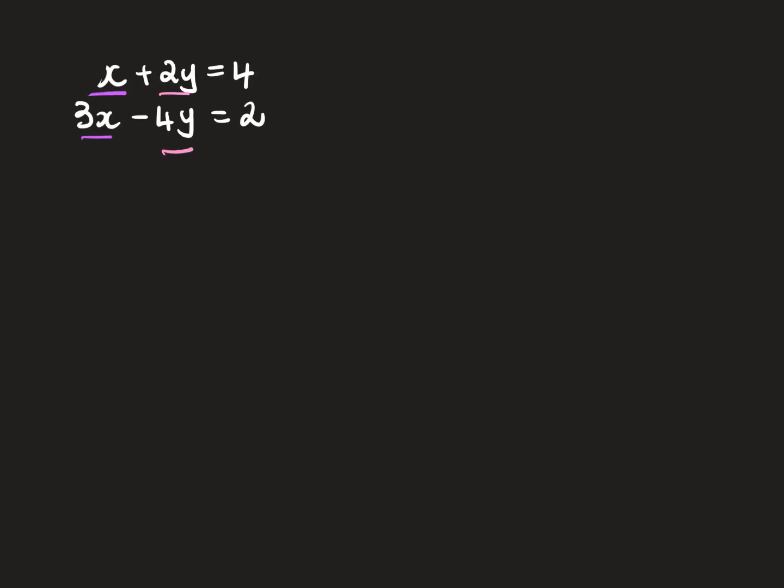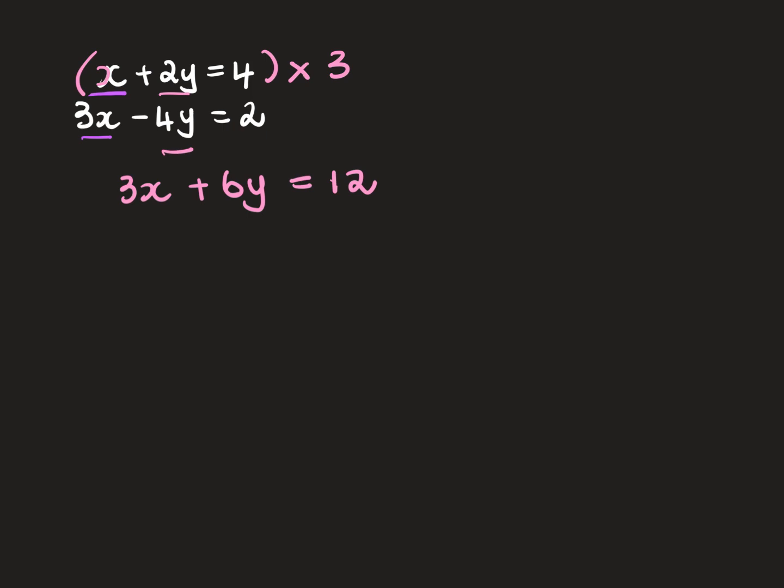Now, I don't have that there, but how about I make that by timesing that one by 3. So let's times that equation by 3. X times 3 is 3x plus 2y times 3, 6y, equals 4 times 3, which is 12.